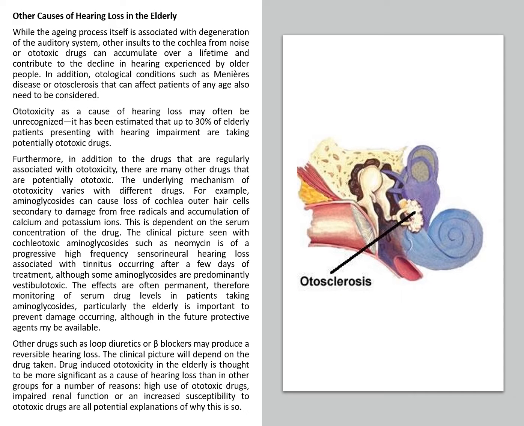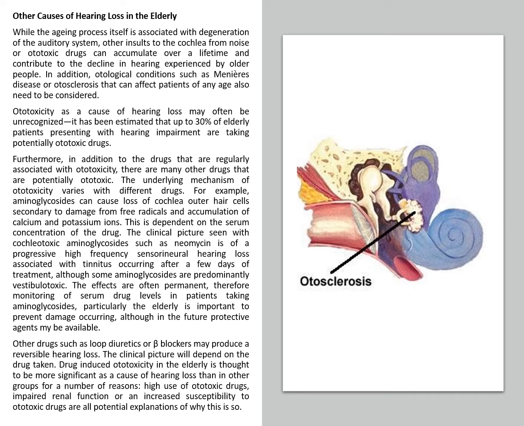While the aging process itself is associated with degeneration of the auditory system, other insults to the cochlea, from noise or ototoxic drugs, can accumulate over a lifetime and contribute to the decline in hearing experienced by older people.